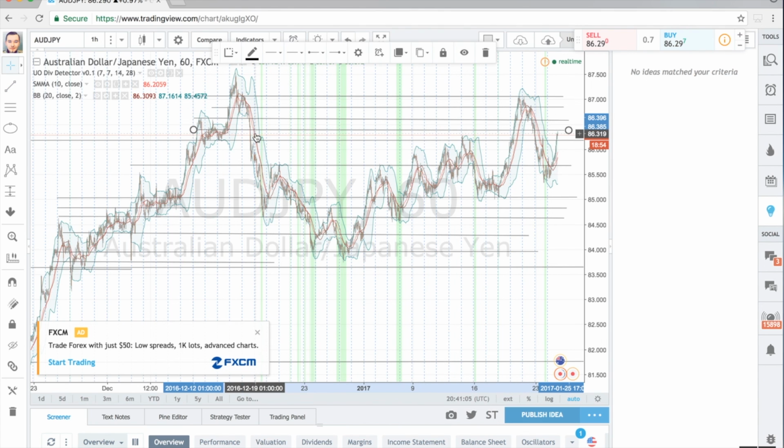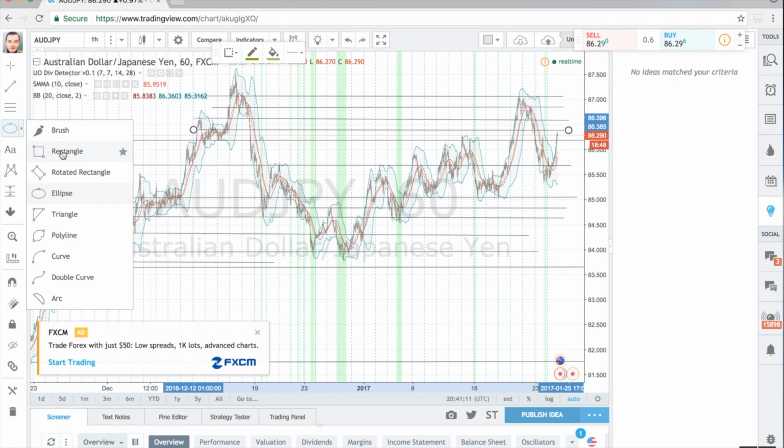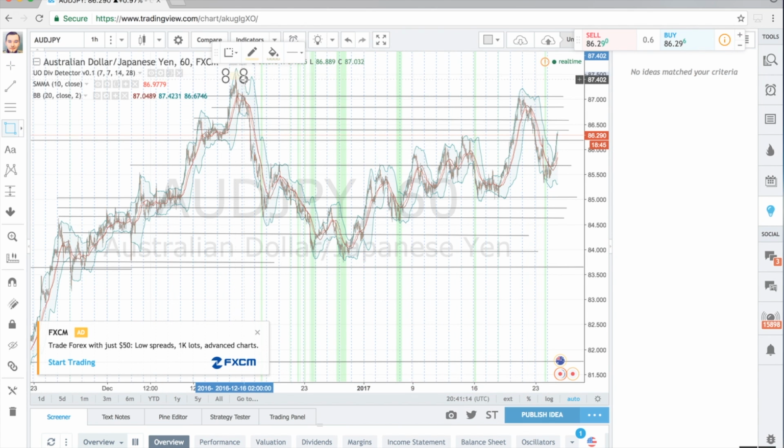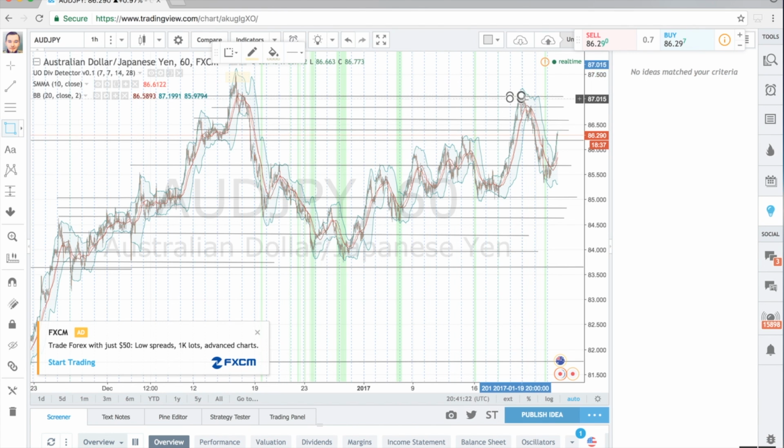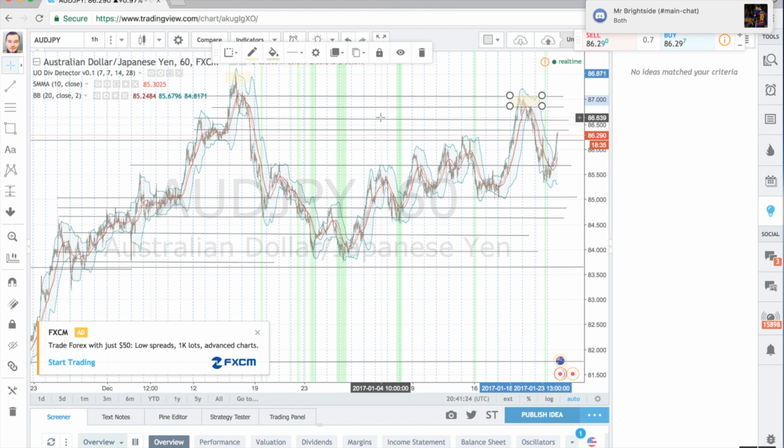Okay? So another thing on top of support and resistance that we want to identify is points where price moved, where it changed, it reacted, it did something. Okay? Right here it did something.